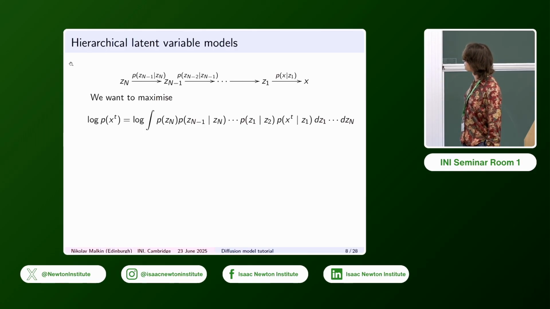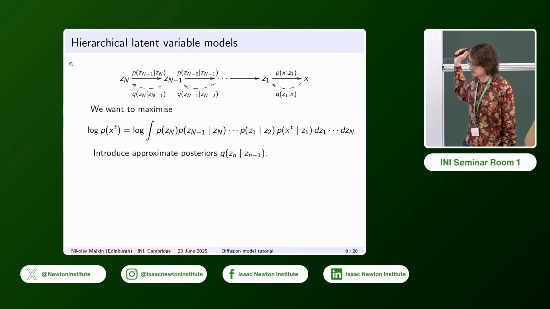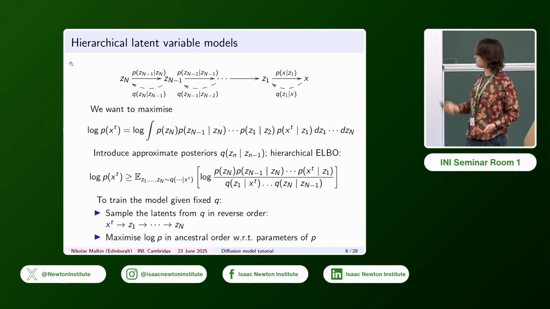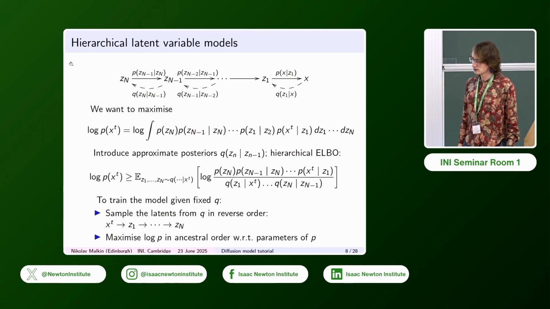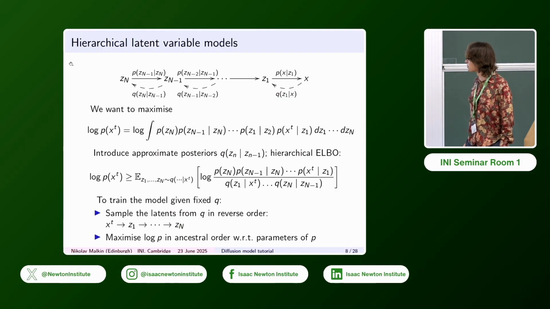We need to maximize log likelihood. We introduce approximate posteriors going in the other direction. We factorize this distribution right to left instead, and optimize this hierarchical evidence lower bound in exactly the same way. So with the fixed posterior model Q, we take X, sample the chain of latents right to left, and maximize log likelihood in the left-right factorization.